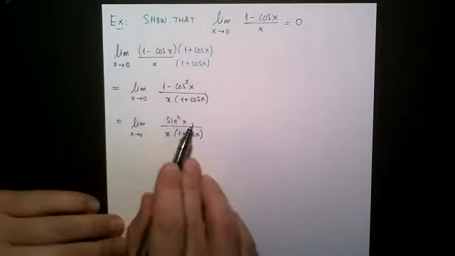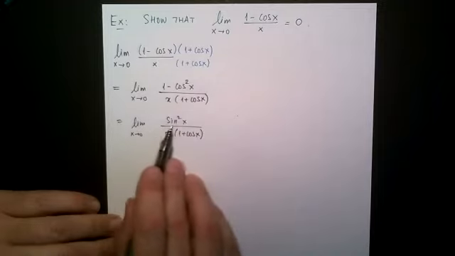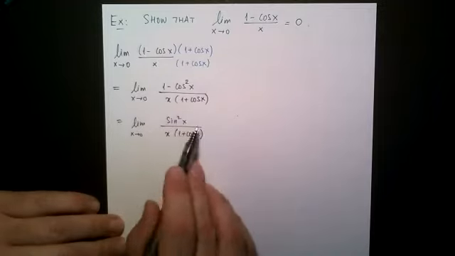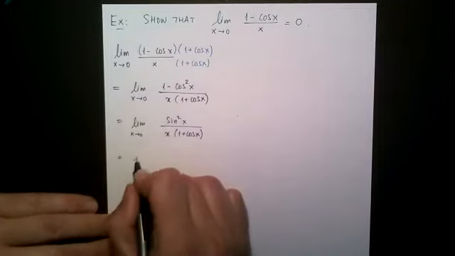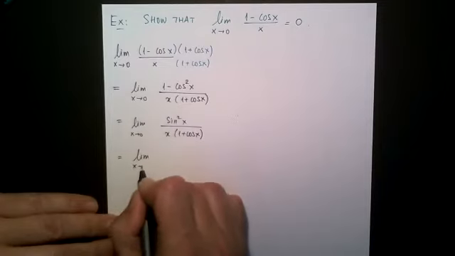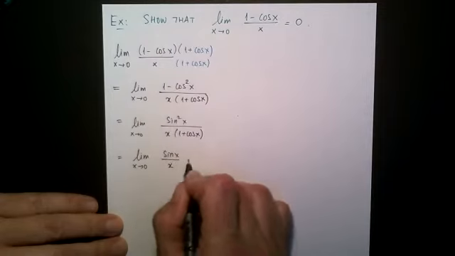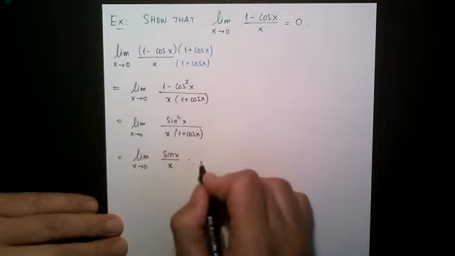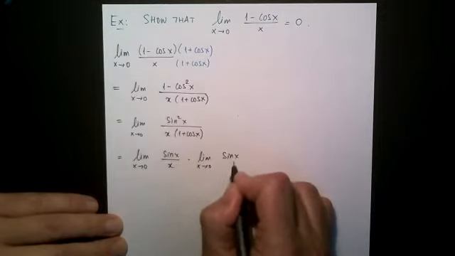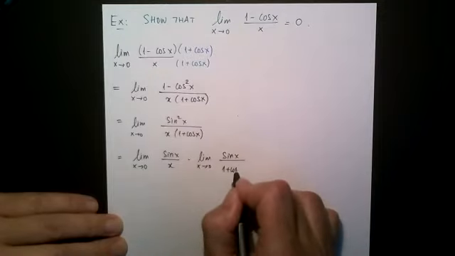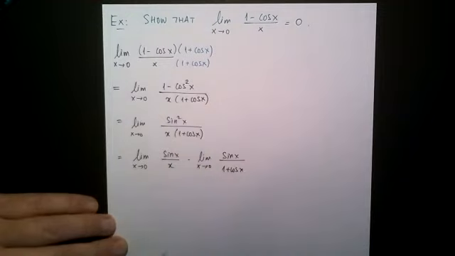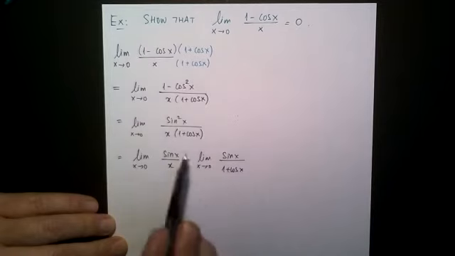Okay, I will separate the sine squared into sine x times sine x, and separate the limit into 2. So this will be sine x over x times, and the other fraction will be sine x over 1 plus cos x. So I did not change anything. Okay, the top is still sine squared, and the bottom is still x times 1 plus cos x.